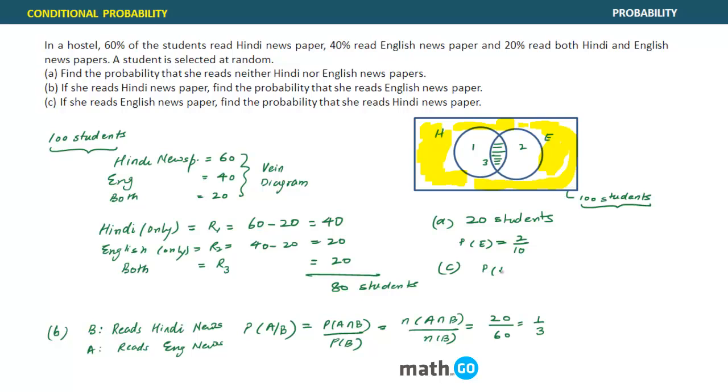So this time it is probability B by A, which will again be N(A intersection B) by N(A). It is 20 by, yes, you will now use 40. This comes out to be 1 by 2. This is the answer. I hope the question is now clear to you.